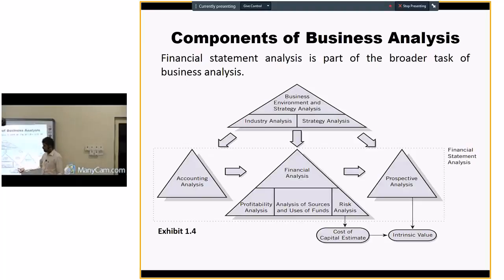Previously we discussed risk analysis; it is very important for cost of capital estimation. Then to determine intrinsic value, we have to use prospective analysis as well as cost of capital. If we have the intrinsic value, we can compare it with the market value and decide whether to buy, sell or hold the stock. It is easy to say, but this is a long process.